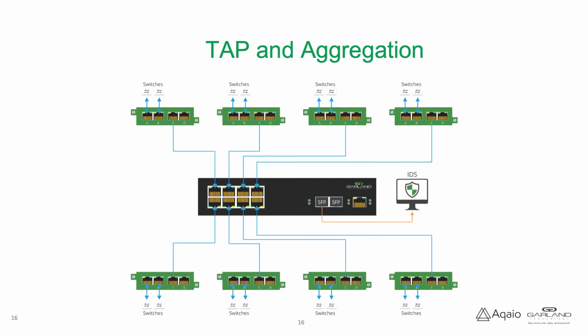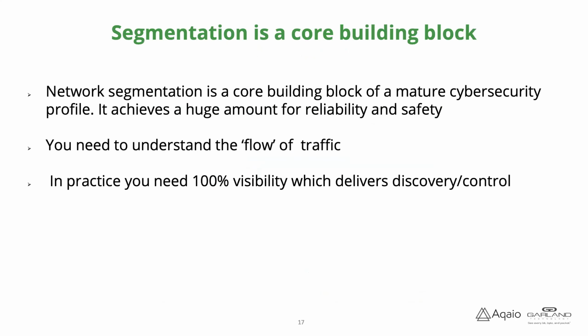So I cannot induce data from one of the taps down into one of the lower taps, and I cannot induce data, importantly, from the IDS, from the monitoring system, back in again. So there are multiple different ways I can come into that network and support that high degree of segmentation that I require at different levels.